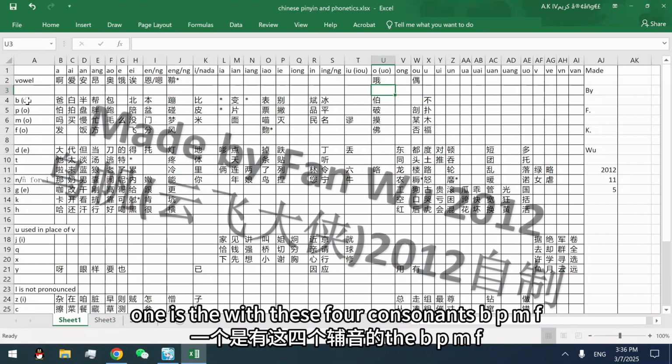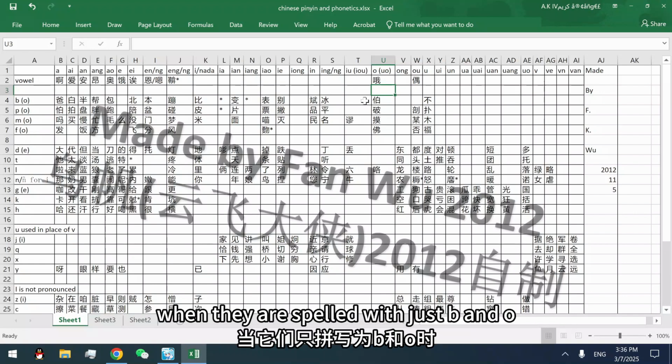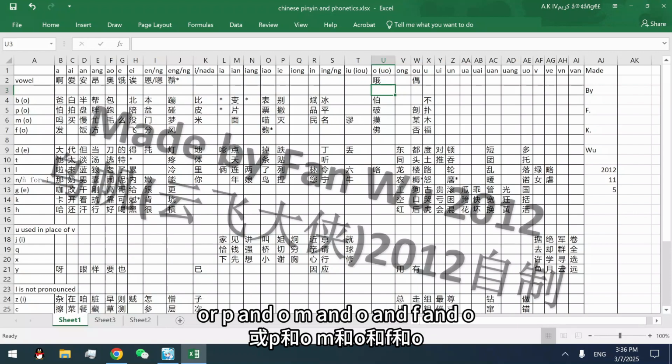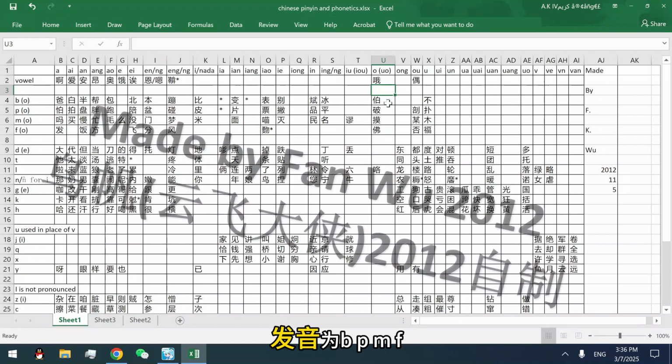One is with these four consonants, bo, po, mo, fo. When they are spelled with just B and O, or P and O, M and O, and F and O, they are pronounced as bwo, pwo, mwo, fwo.